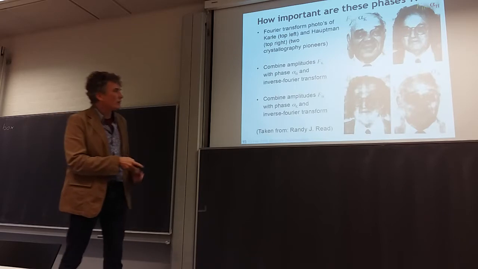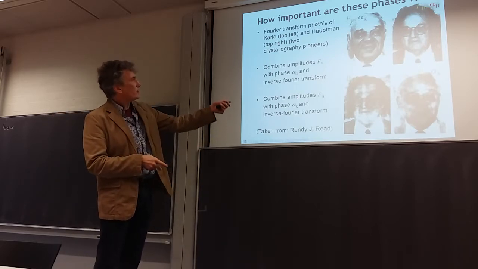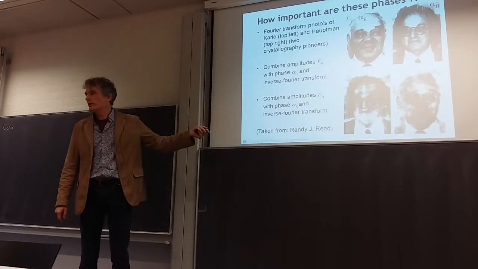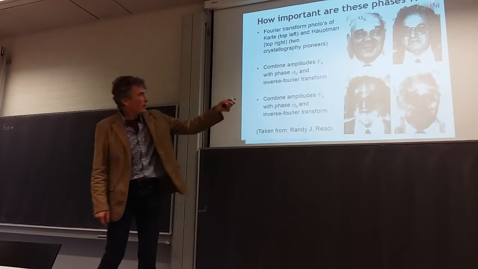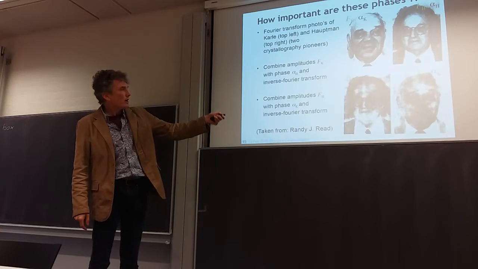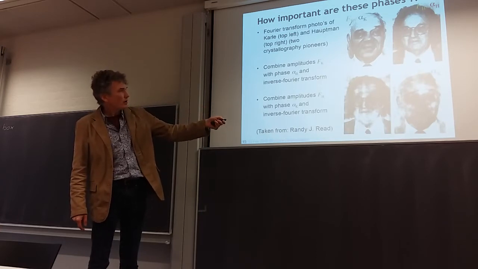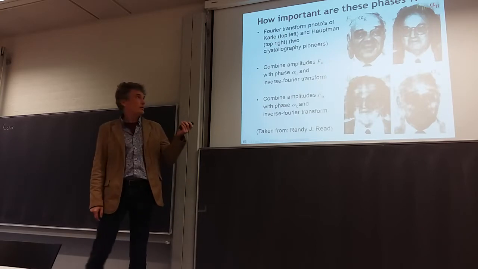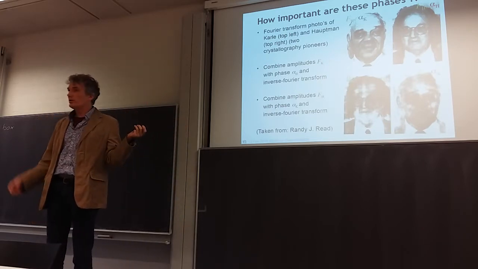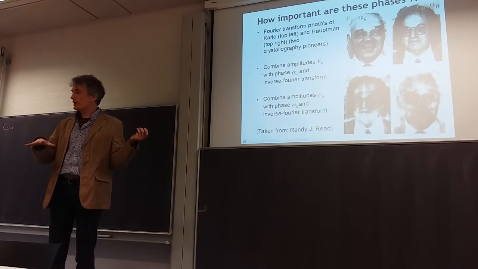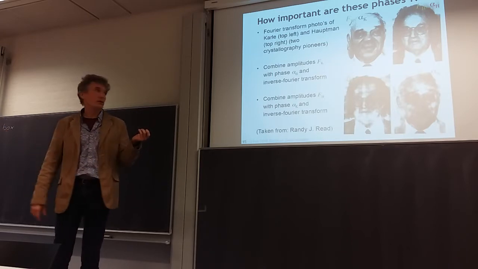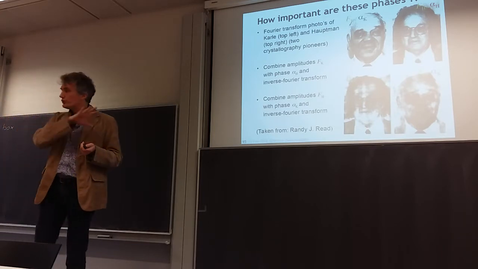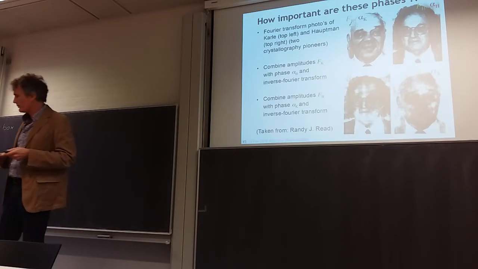And now if you look carefully, you can see that Karl now has Hauptmann's glasses and bald head. And his hair, and Hauptmann got Karl's bald head and lost his glasses. Yes? So there's a lot of information in these phases that we actually need to have. So this is just to illustrate that this is really a big problem.